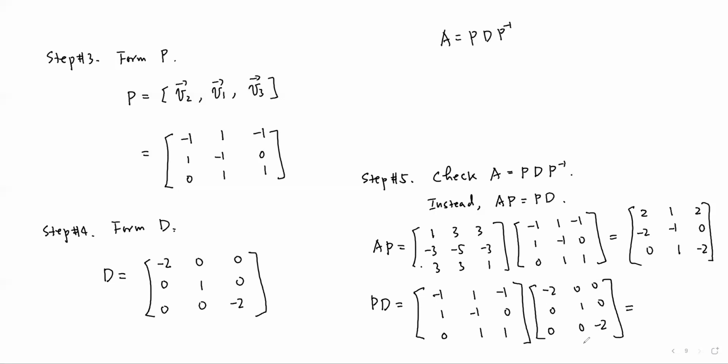By the row column formula of a matrix times a matrix, I get this.